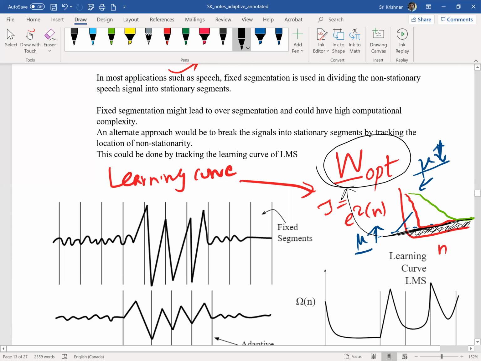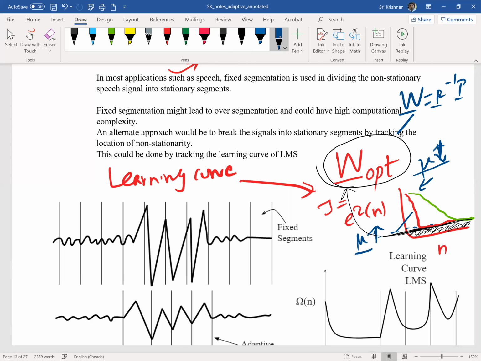Now this is all true if you go back to the LMS connection with the concept of RW equal to P. It all happens when W optimal is R inverse P, mathematically speaking. So it has reached the optimal point.